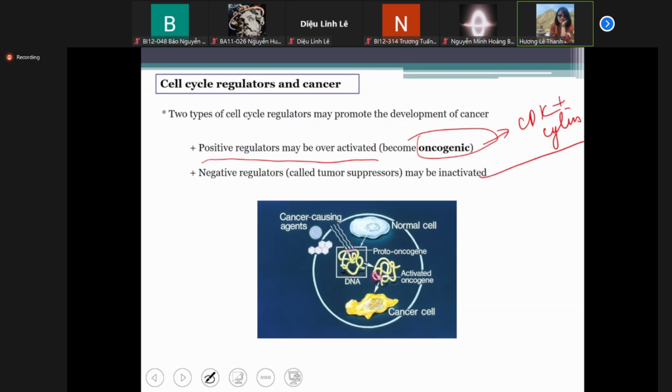We also call them the positive regulators. And next, the negative regulators, the tumor suppressors, may be inactivated. I give you some examples like P53, P21, or RB proteins. They are negative regulators, so they can inhibit the positive and activate the negative. Okay.